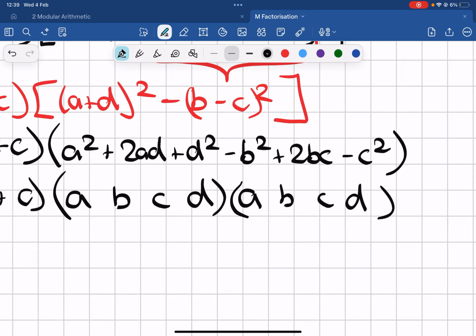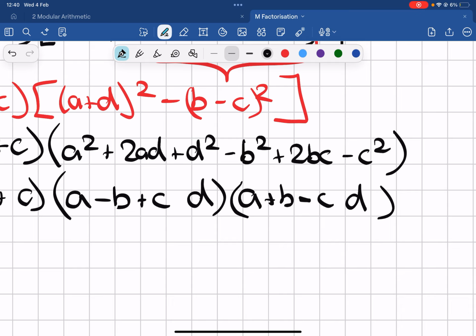So if I look at all the a terms, they're all positive, a squared and 2ad, so that's fine. B, well, we've got a minus b squared and a 2bc and a minus c squared, so I'd like to say that this would have a minus, this would have a plus, and since we've got 2bc, that comes from multiplying 2 negatives, so there'd probably be a minus c there and a plus c there.